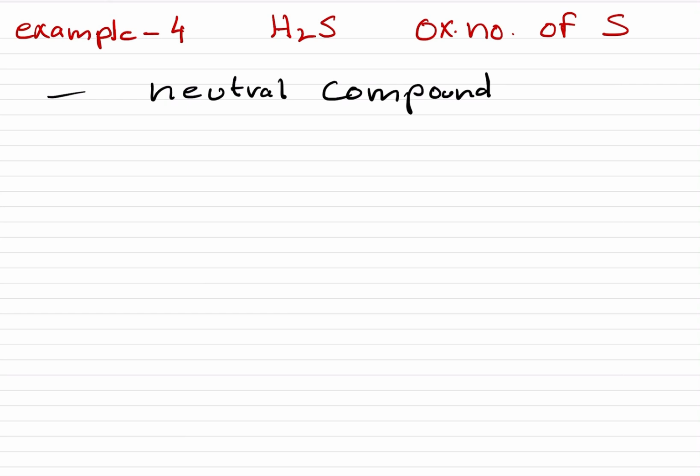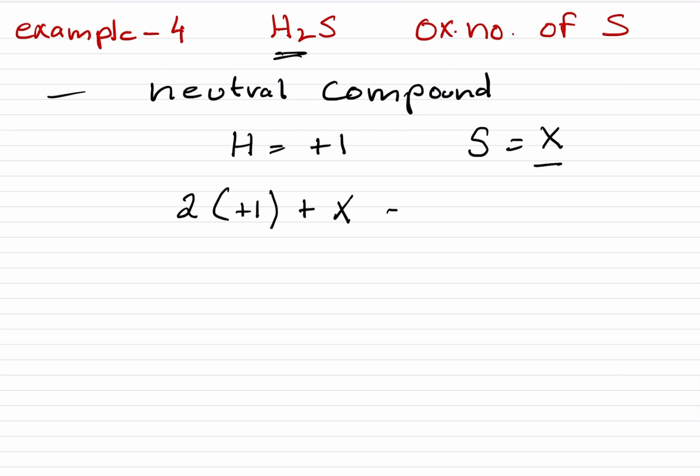Here, this is another method that we can use. It's an easy and much faster method, and we don't have to write a lot. Hydrogen has an oxidation number of +1 and sulfur we have to find out, so we can put x for that. Now we can solve it. 2 hydrogens, each +1, plus x for sulfur equals 0.